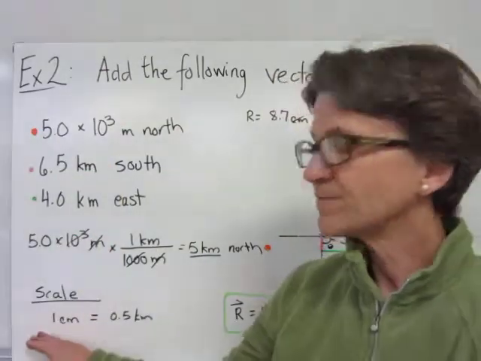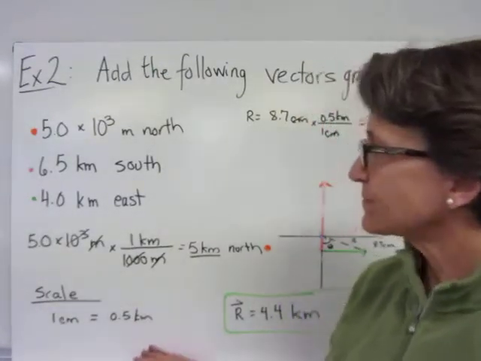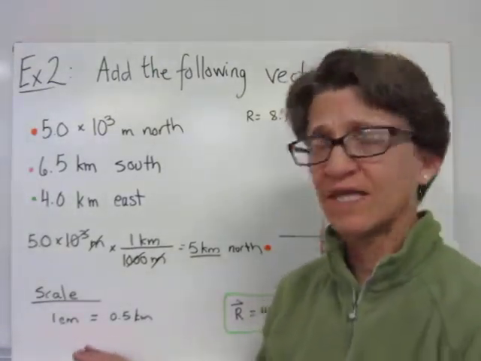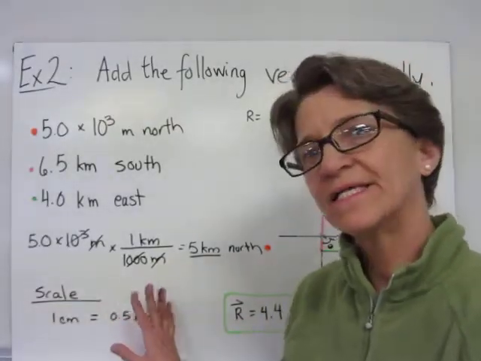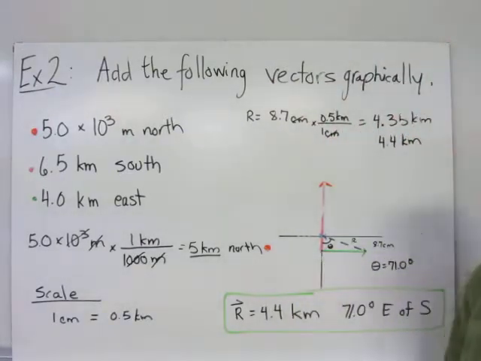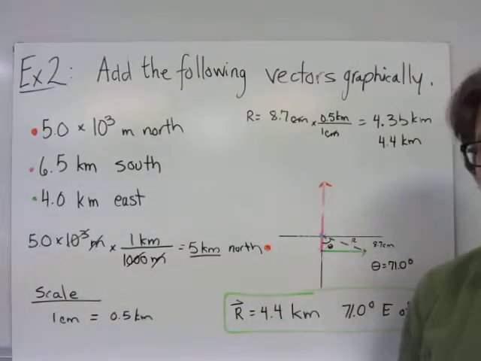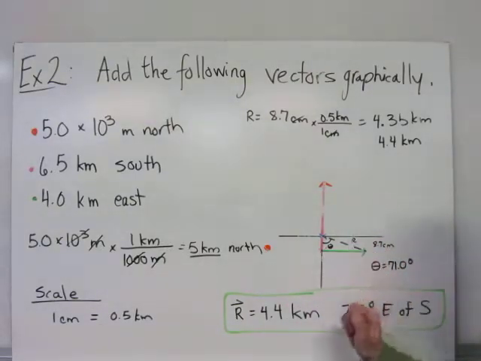My scale is going to be 1 centimeter equals half a kilometer. On your paper, you might find that it's easiest just to say 1 centimeter equals 1 kilometer. I needed a slightly different scale to make it large enough for you to see. First thing to do, draw the X and Y, and I drew it in black first.